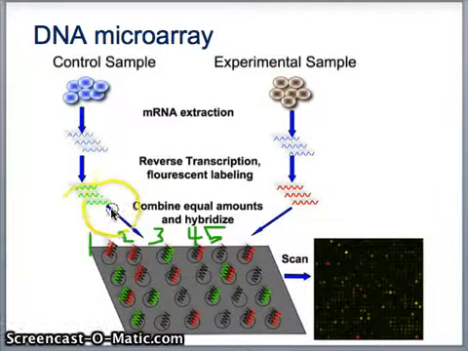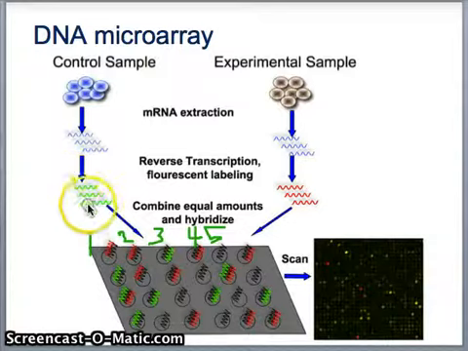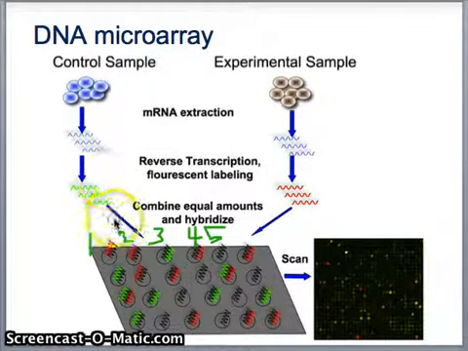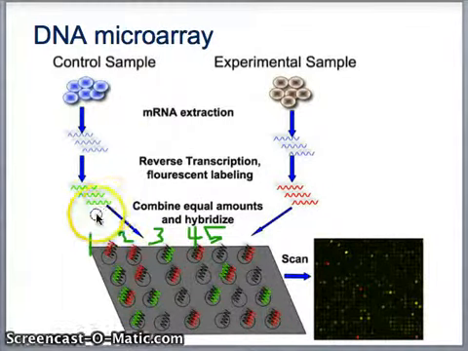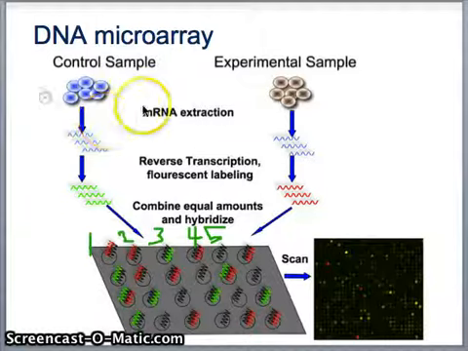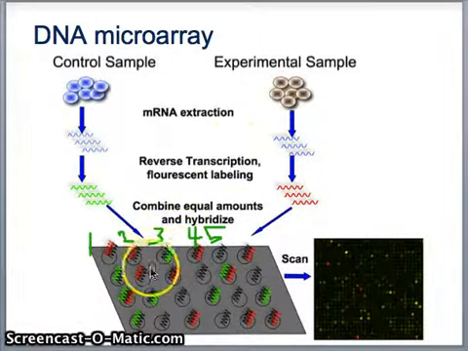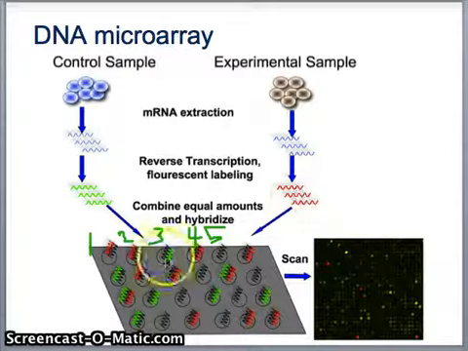So this is probably a gene that is only found in this one. If we're talking about normal and cancer cells again, this is probably a tumor suppressor gene, because tumor suppressors are off in cancer cells but on in normal cells. So mRNA is being produced because it's on. This is our skin and nervous cell. This is probably melanin. Melanin's only going to be produced in our skin, but it's not produced in our nervous cells, so that doesn't attach.